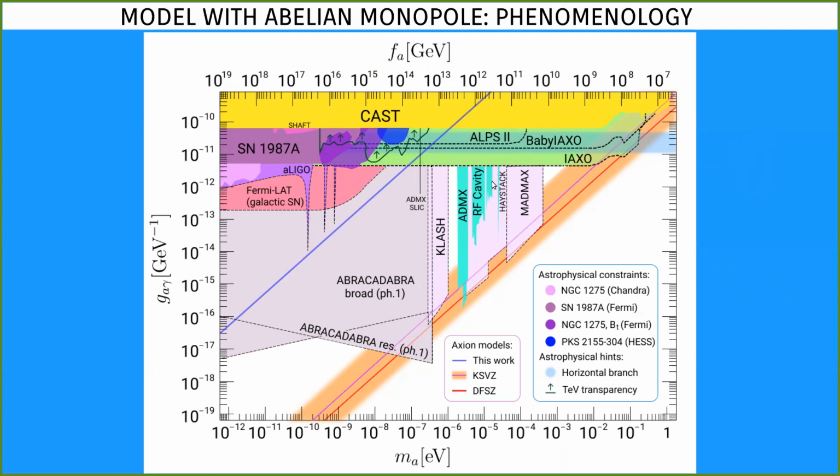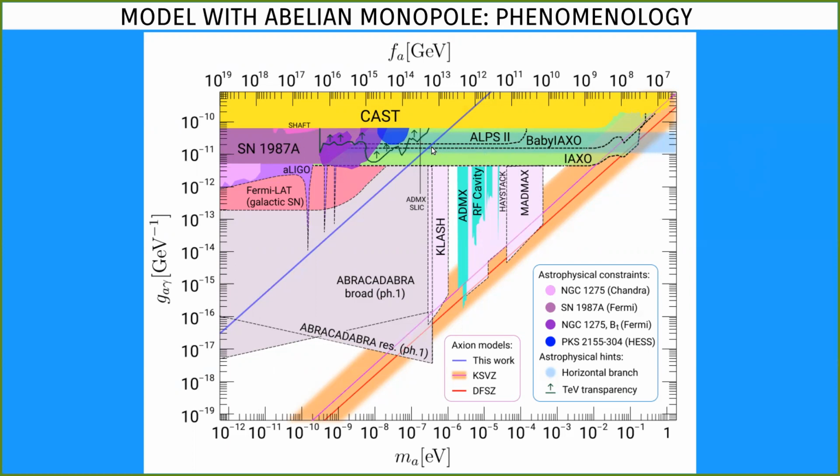You can see that it lies in a region which will be probed by many future experiments, and it is already probed by the EDMX-SLIC experiment, but it also can explain the energy loss argument from the horizontal branch stars. Here is the light blue region, and this region is accessible by future experiments such as IPS2 and baby Ajaxo, and it's quite interesting.